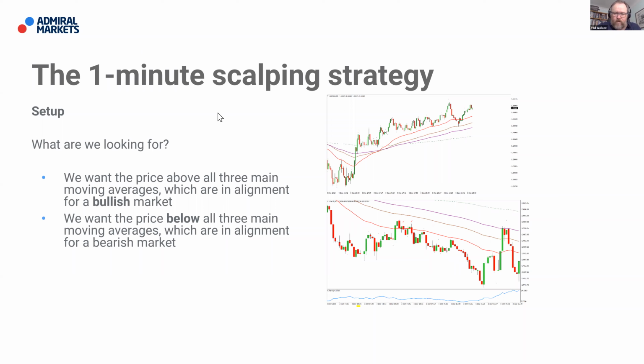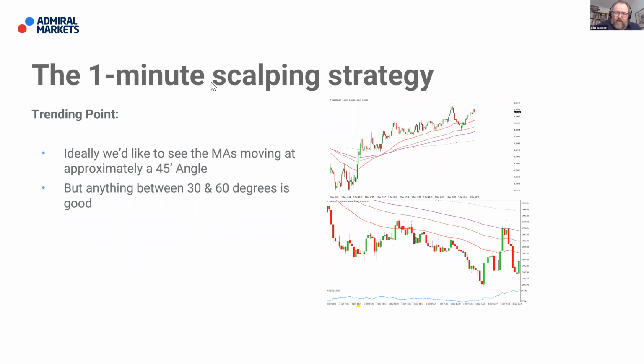Okay, so ideally, what we'd like to see is the moving averages just going up at around about a 45-degree angle. Or that'll be the 135-degree angle if you were looking down there, just a bit of quick maths, but ideally anywhere between 30 to 60 degrees on the angle. It's like a Goldilocks zone.